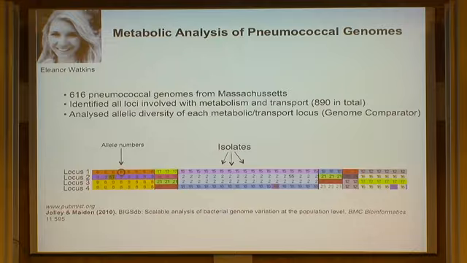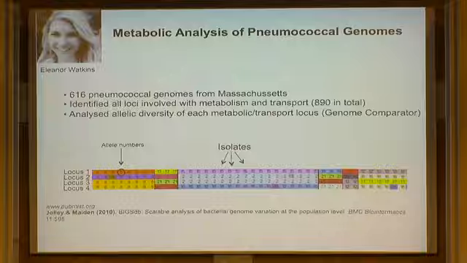She looked at the whole genomes of 616 pneumococcal genomes collected in Massachusetts, and identified every single locus that could be involved with metabolism and transport, getting about 819 in total, and analysed the allelic diversity of each of these loci.